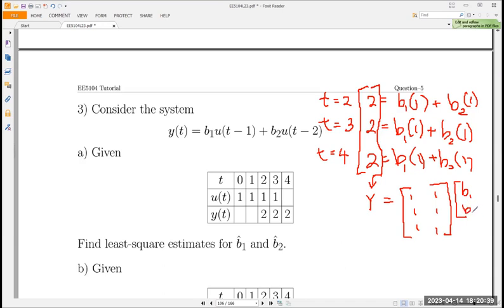In terms of my symbols, this is phi, and B1, B2 is theta.